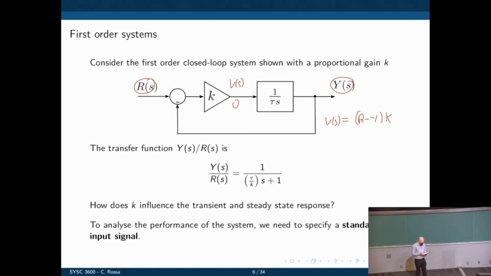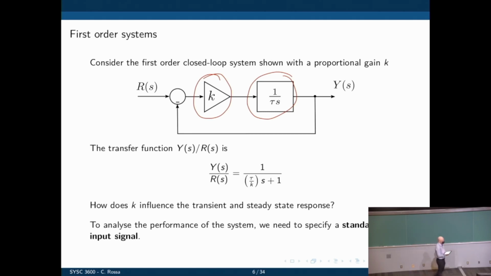So this is a very simple form of feedback control, where we have here the plant, and this is a parameter that now we can tune depending on how we want the system to behave. So basically, we are controlling the error. We are making the input of the system proportional to the error between its current state and its desired state.